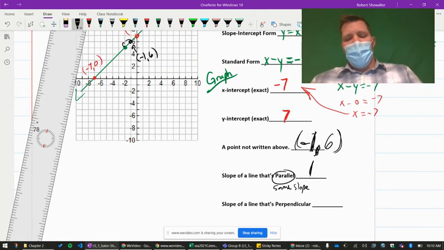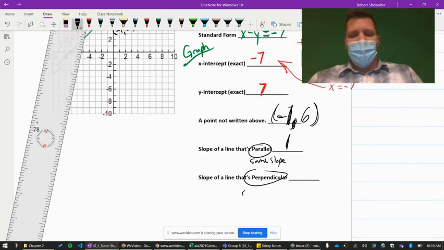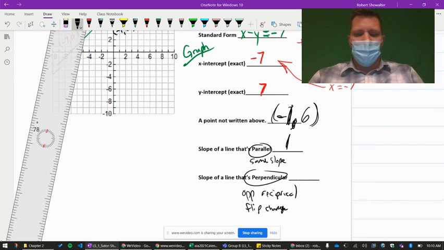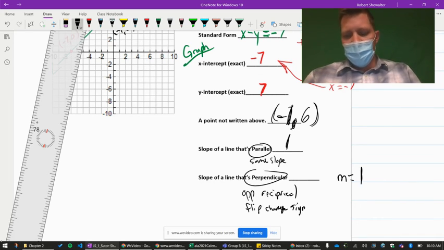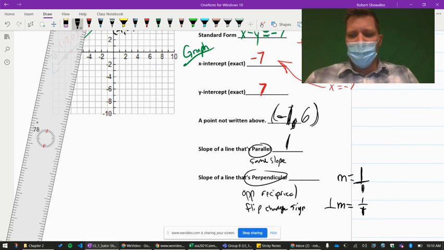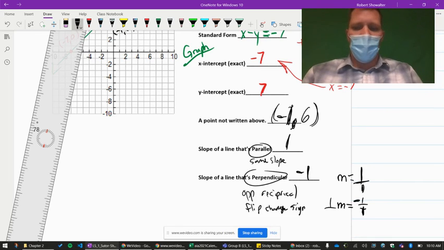The slope of a line that's perpendicular, if you remember, is the opposite reciprocal, meaning flip and change sign. The original slope is 1 over 1; flip it and it's still 1 over 1, but we also change the sign so it becomes negative, which reduces to a slope of -1.